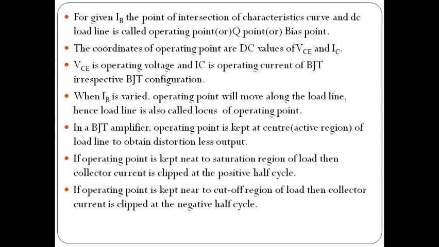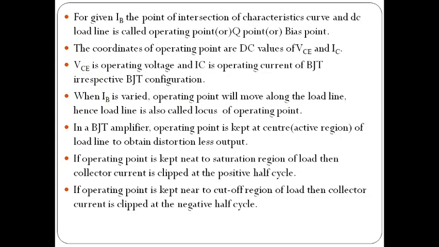If the operating point is kept near the saturation region of the load line, then the collector current is clipped at the positive half cycle. Then we get the output with clipping of the positive half cycle. If the operating point is kept near the cutoff region, then the collector current is clipped at the negative half cycle. An amplifier is nothing but increasing the strength of the signal without changing the shape of the signal.